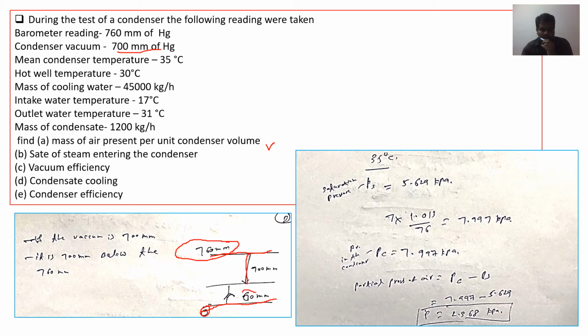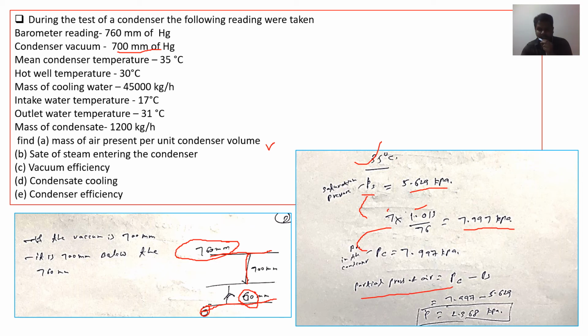So the remaining 60 mm is the absolute pressure. Now at 35 degrees centigrade, the saturation pressure is 5.629 kilopascal. Corresponding to this, 60 times 1.013 divided by 760 equals 7.997 kilopascal. This is the pressure in the condenser.